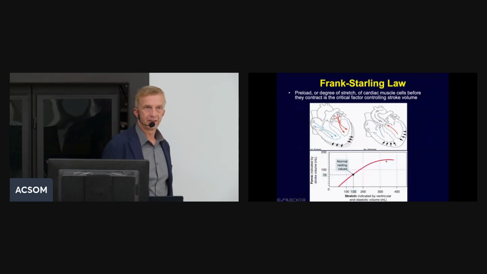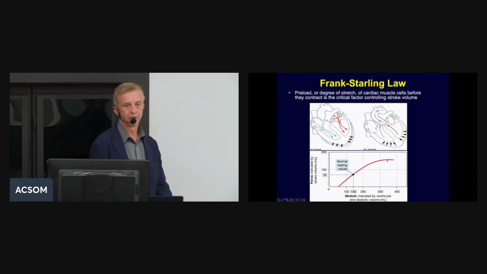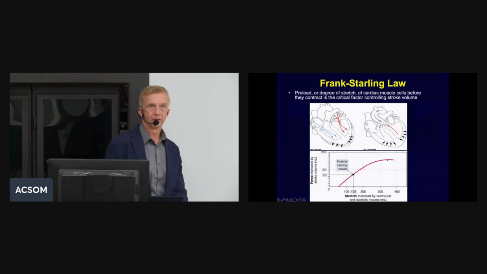So there is a limit. You cannot stretch the heart continuously and improve the stroke volume. So there is a limit, which is the plateau phase. When the volume reaches the plateau phase, the heart cannot increase the stroke volume anymore. So this is the typical Frank-Starling law. You should remember the curve.